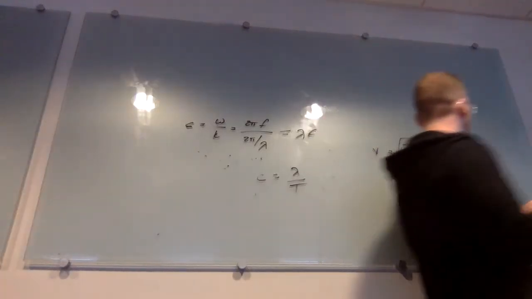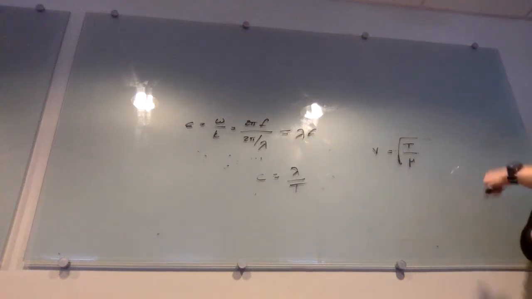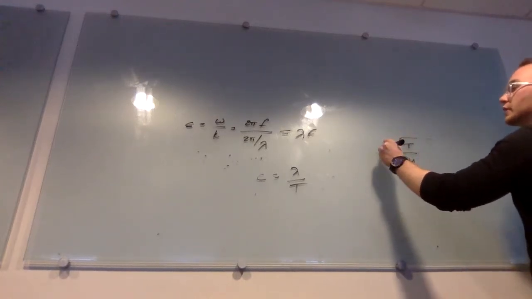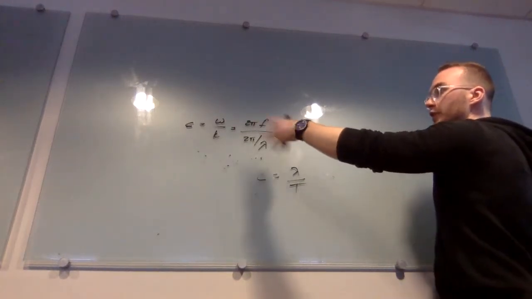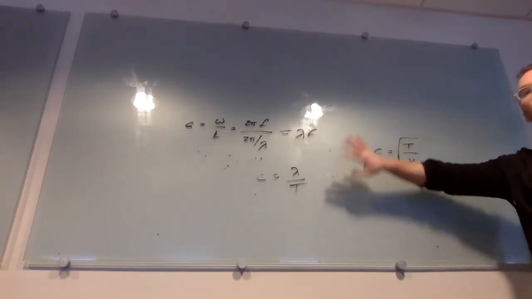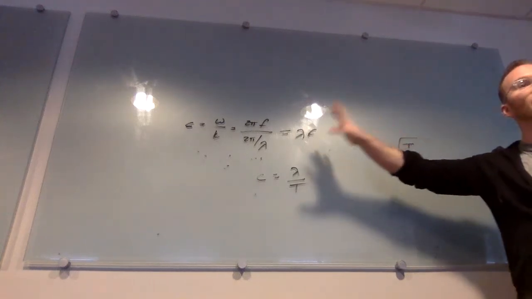So these are some equations that are in the book. I don't like the C at all, but I guess we'll live with it. C, I guess, is the wave velocity. So I guess this should be C as well. But I'll talk about this in a second. So these are just relations.